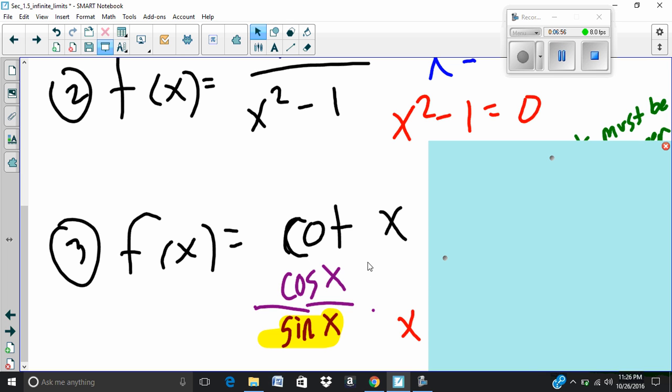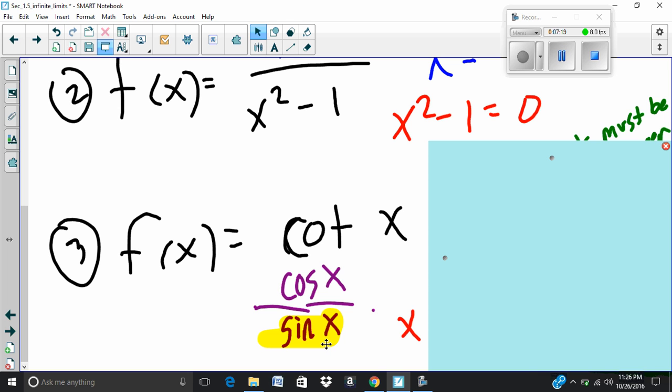We know that cotangent's really 1 over tangent. But again, tangent, what does that tell me? Not a whole lot. So at that point, remember that tangent is sine over cosine, which means that cotangent is the reciprocal of that, which is why we have cosine x over sine x here.